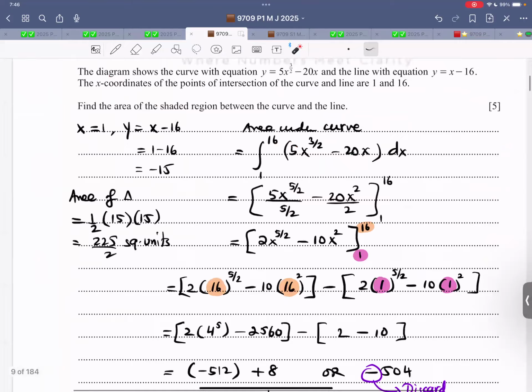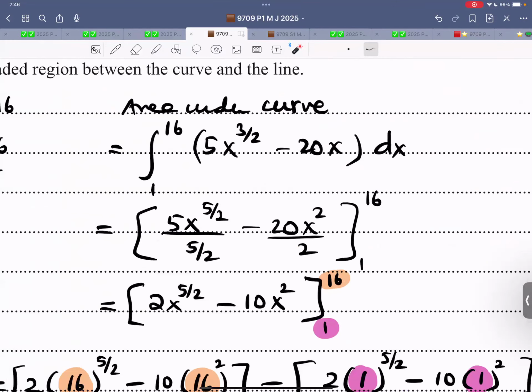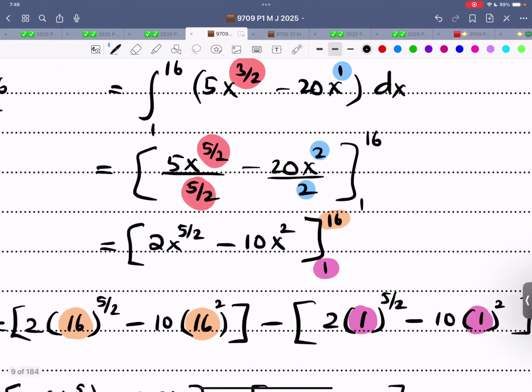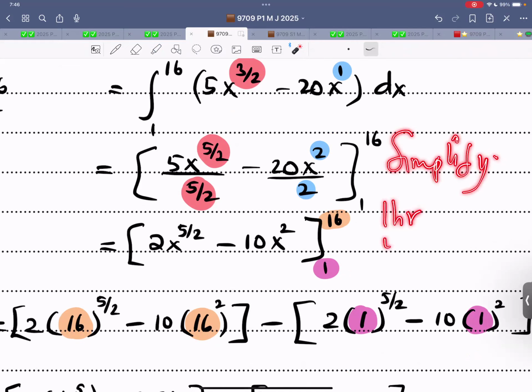Now, this is where I want you to focus. First of all, let me grab the highlighter. That is, increase the power by 1, divide by the new power, because the power over here was 1. Okay, let me write in black color. And then simplify. So now I am simplifying it. So don't be in a hurry. 1 hour, 50 minutes.